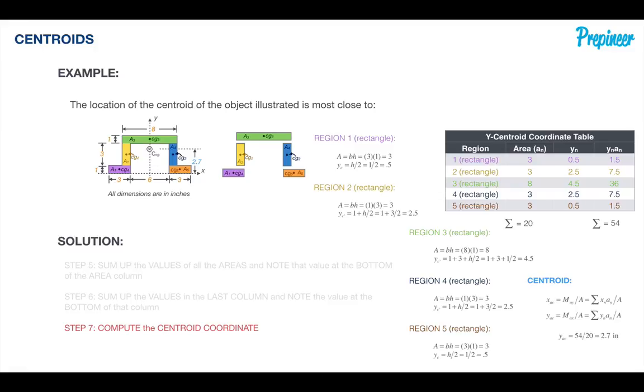So this is a practice problem right here where the centroid actually falls outside of the boundaries of this discrete object. Now, many students that I've worked with over many years have gotten very confused when they find a centroid falls outside of an object. They think that the centroid needs to be located within the boundaries of that object, otherwise it's wrong.